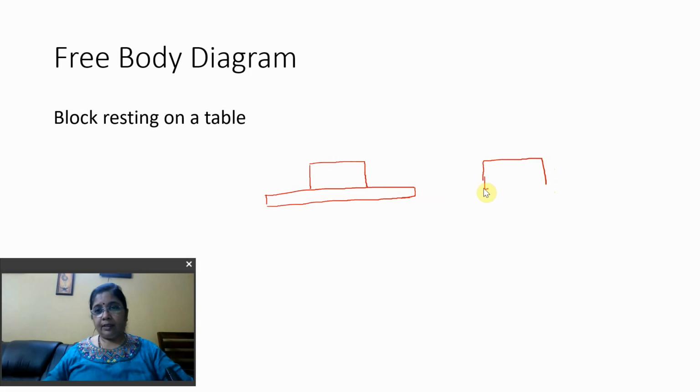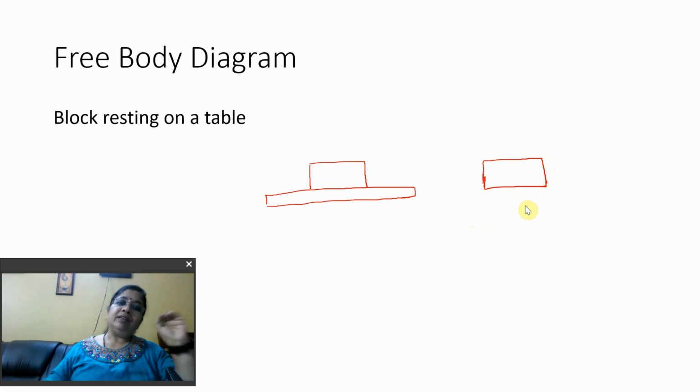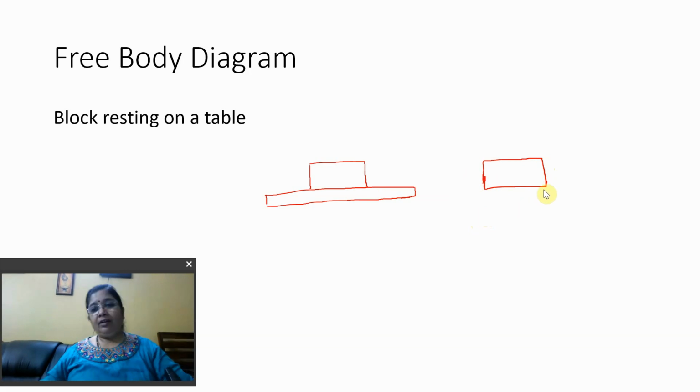Having an object, we know that the force of gravity will always act on it. What is the force of gravity trying to do here? It is trying to pull down the block. But we know this block is not falling down.